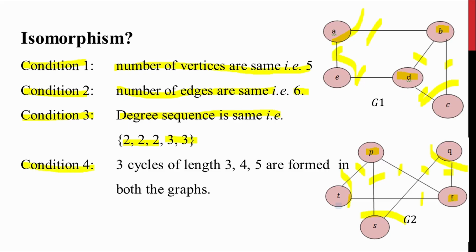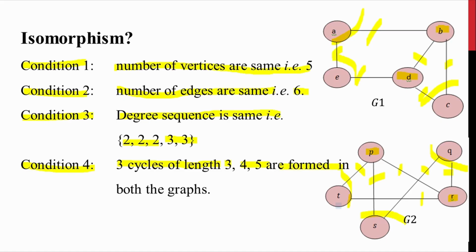The last condition is condition 4, cycles of length. In graph G1 we have 3 cycles of length 3, 4 and 5, and in graph G2 we also find 3 cycles of length 3, 4 and 5.